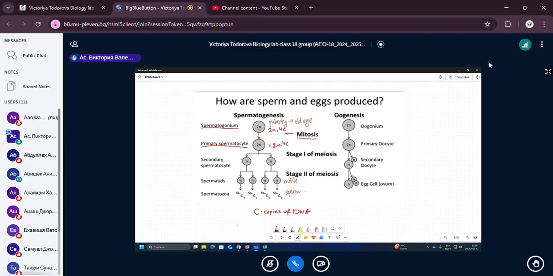This primary spermatocyte grows to a secondary spermatocyte. Here you can see they are haploid, they reduce the DNA molecule, and they are N haploid with 2 copies of DNA molecules.